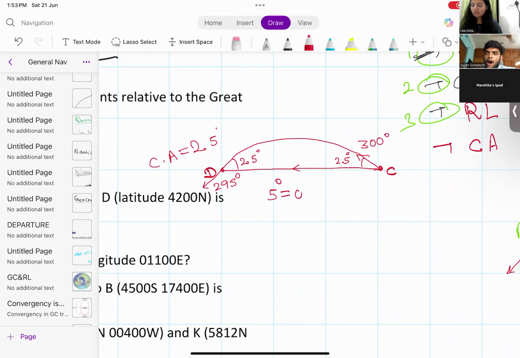This was the convergency. Now, what is the formula for convergency? Change in longitude times sine of mean latitude. So good so far? Yes.